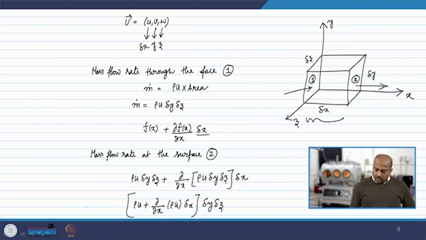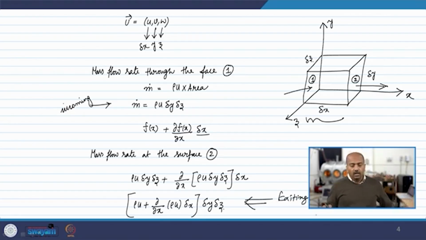So, what is this? We can assume this to be the incoming flux into the control volume, and this can be assumed to be the exiting flux out of the Eulerian control volume, right. But it is only along one direction, which is the x direction.